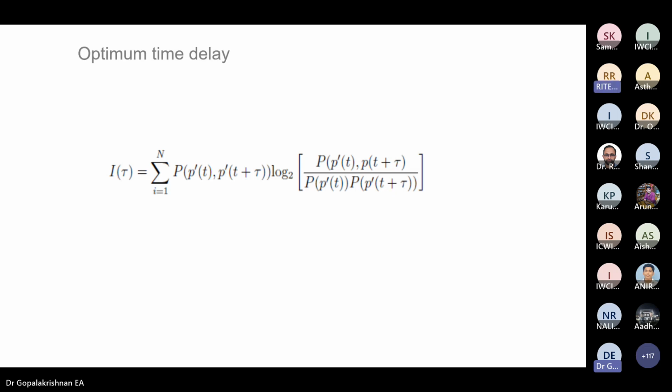Basically, the idea here is, if you are observing a single variable and creating delayed variables from it, that means if you are observing x of t, and you are able to create other variables like x of t plus tau, x of t minus tau, x of t minus 2 tau, etc., then these variables actually will represent the system.